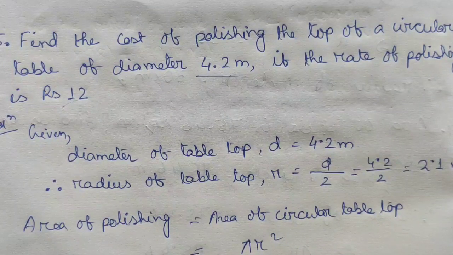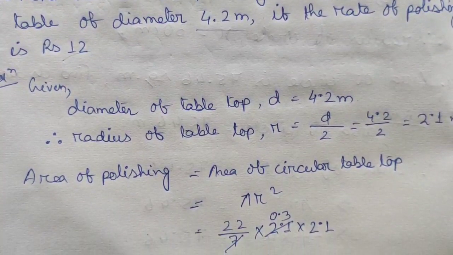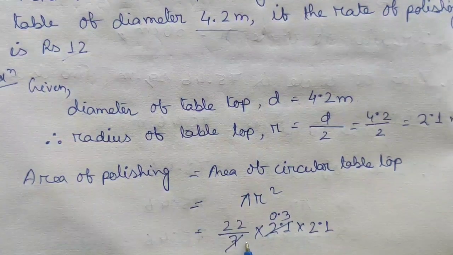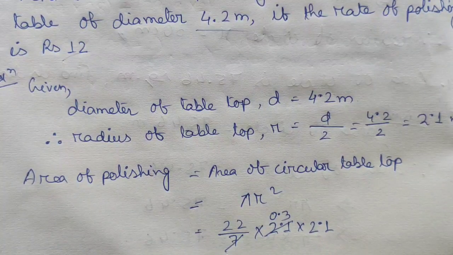If any object or shape is circular, we can find its area with pi r square, right? So we write area of polishing equals pi r square. We have radius as 2.1 and pi as 22 by 7. So we will write 22 by 7 into 2.1 into 2.1. Here we will cancel. 2.1 by 7 is 0.3.